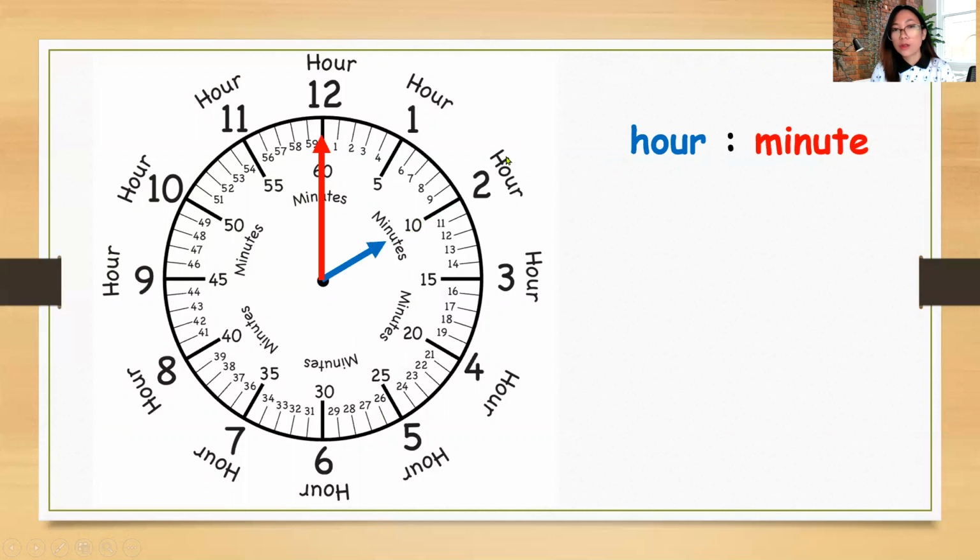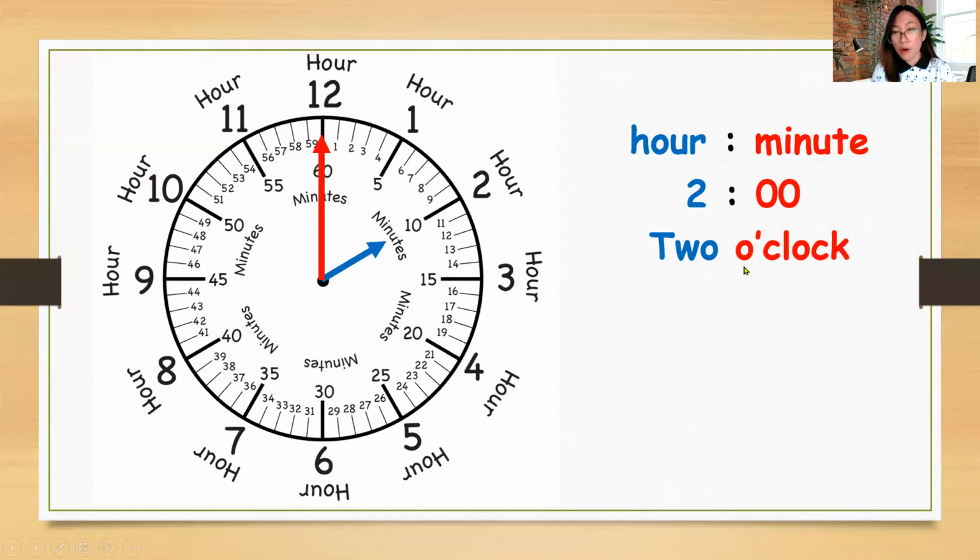Number 2. And the minute hand is pointing at what? Okay, here, this part is 0. When it comes to minutes, this is 0. So let's reveal the time. Hour is 2 and the minute is 0, 0.